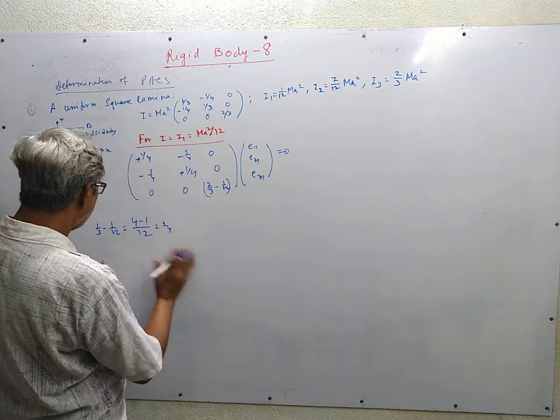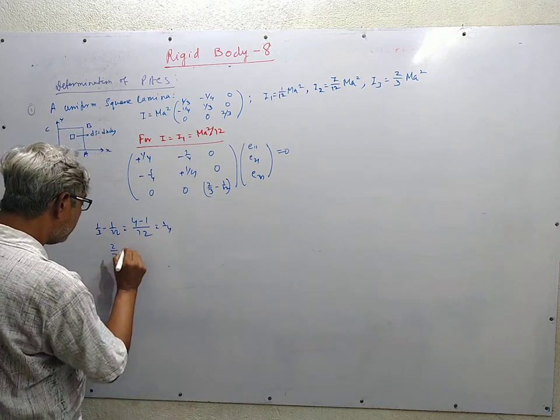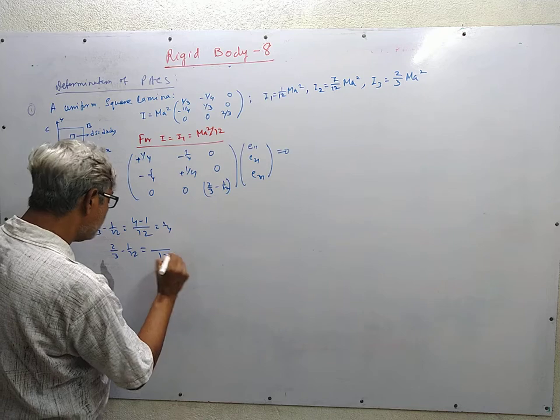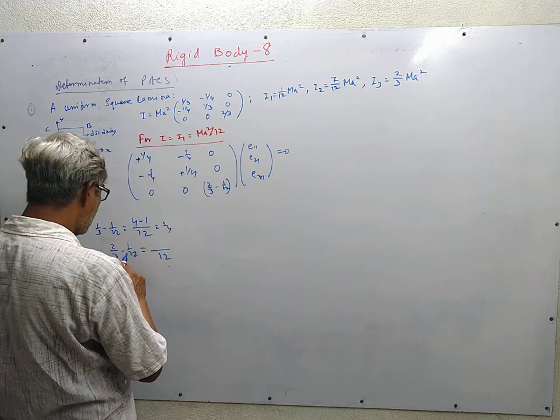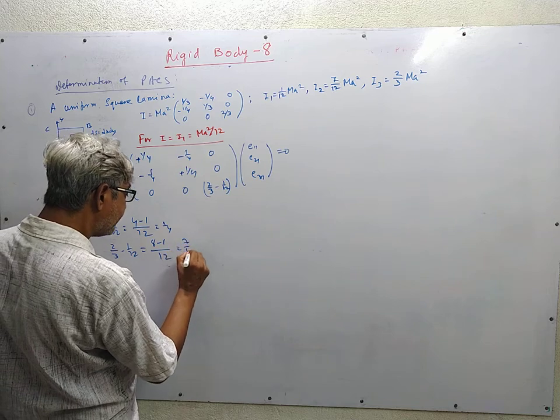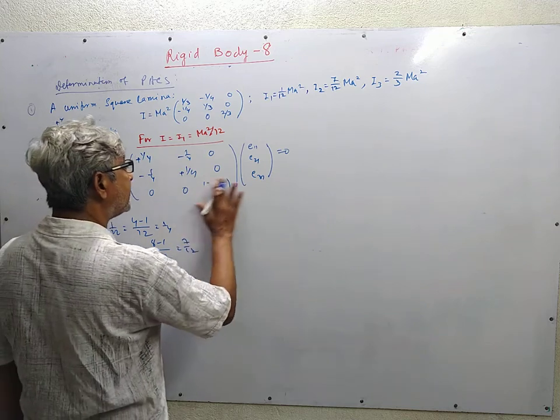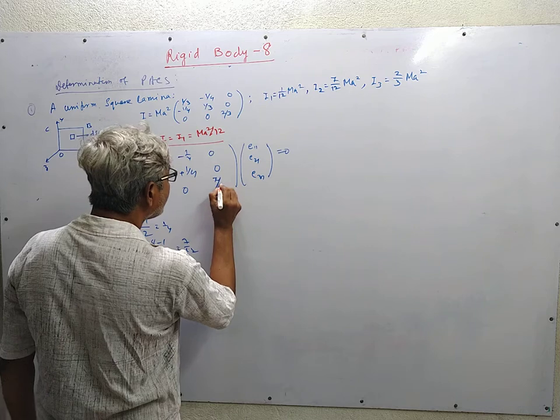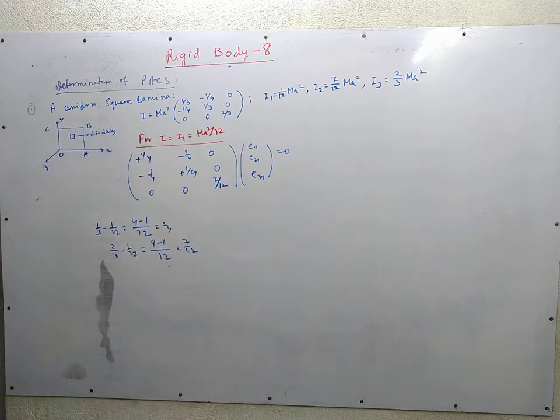And this part, 2 by 3 minus 1 by 12, is 7 by 12. This is the new form of the matrix, multiplied by E11, E21, E31, equal to 0.